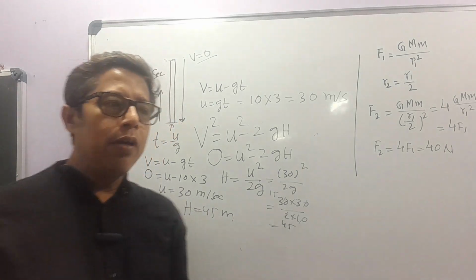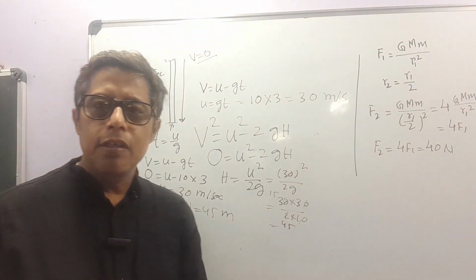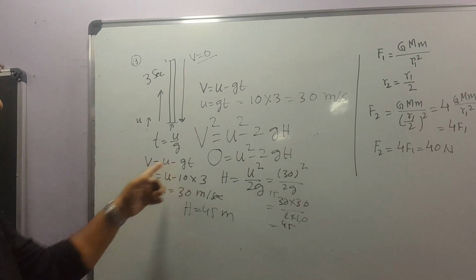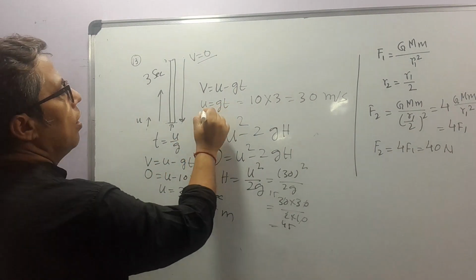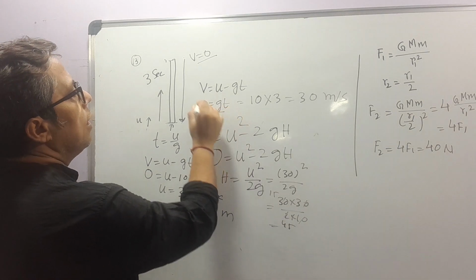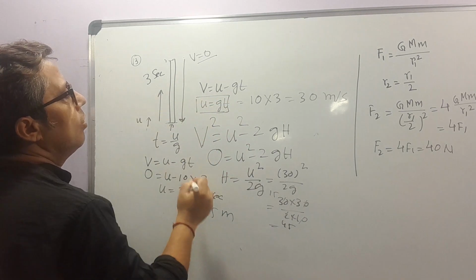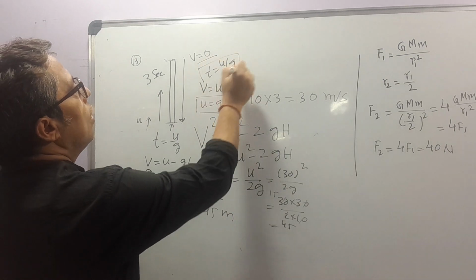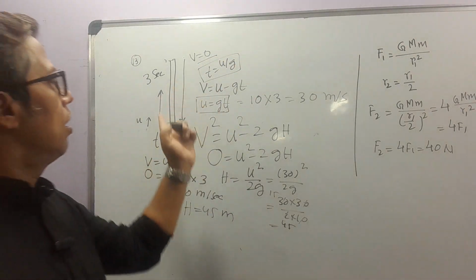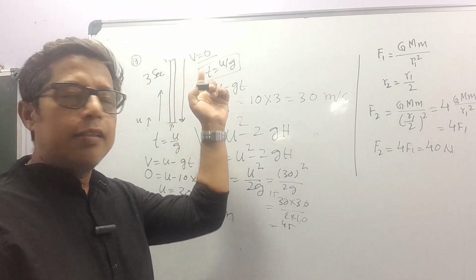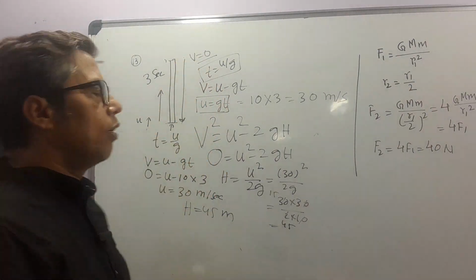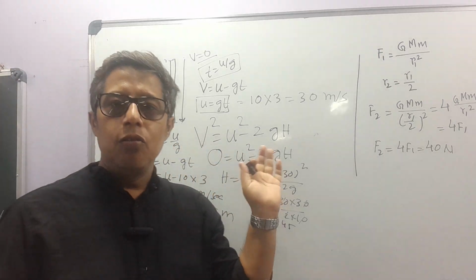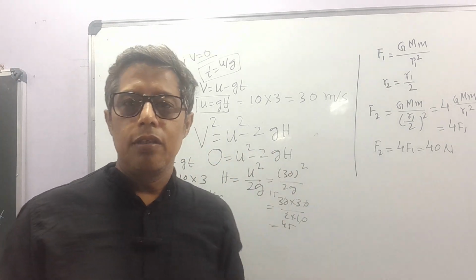Now if you ask me why we are taking half of the 6 seconds: if you don't know u, what will be the formula? u is equal to gt when the final velocity is 0, so t is equal to u by g. This is the time of rise. The same time it will take to come back down. And when the object touches the ground, the final velocity will be the same as the initial velocity.